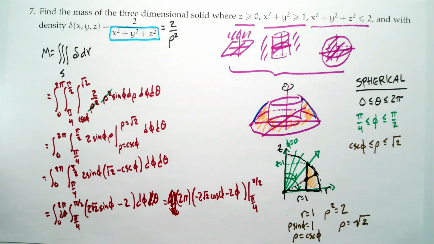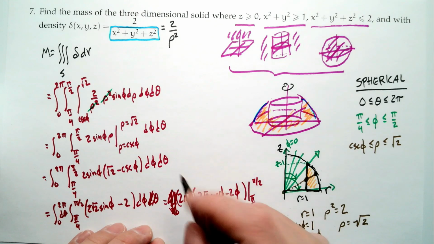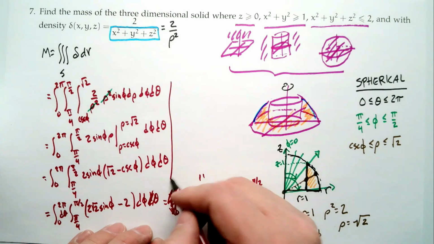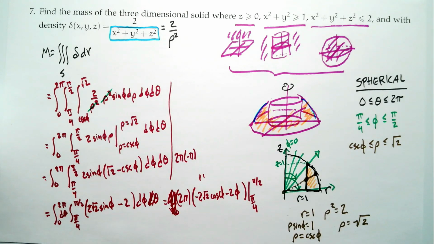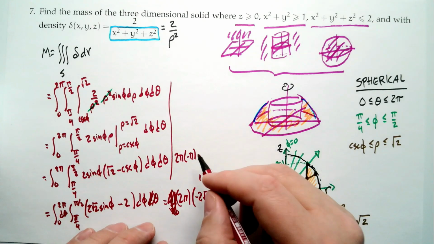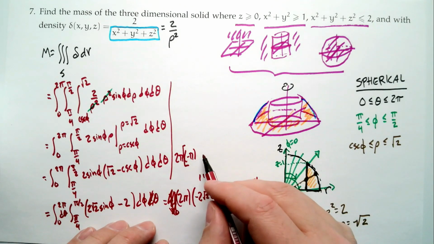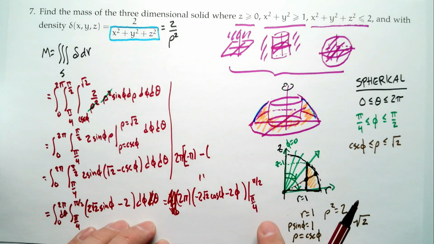Okay, so plug in. When you plug in pi halves into cosine, what happens? It's going to go away, 0. 2 times pi halves, well that you can actually do, that's pi. So we get 2 pi times minus pi. So that's when we plug in pi halves. And then we'll subtract, let's plug in pi fourths.